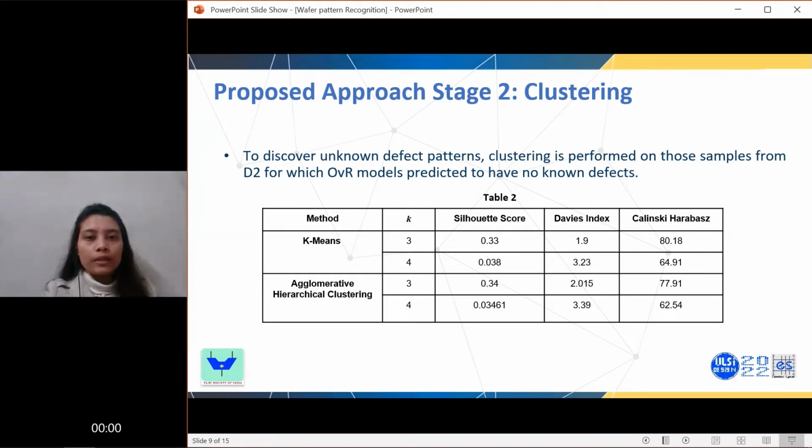After all the experiments and analysis, k-means with k equals 3 proves to be the most efficient as it gives high Silhouette and Calinski-Harabasz scores, whereas a low Davies-Bouldin index. So k-means with k equals 3 is selected for all future analysis.